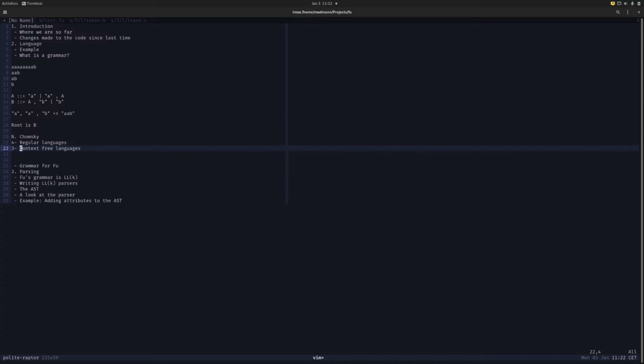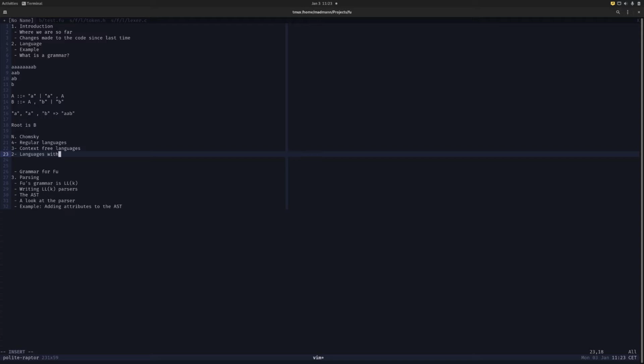There's also category number 2, which is less restrictive and more expressive than context-free languages. It's the opposite of context-free. It's languages that have context. I'm not sure if it's called contextual grammars, maybe. But anyway, this is probably too powerful. And then there's something even more powerful than this, which is just the general case, essentially, the unrestricted grammars.